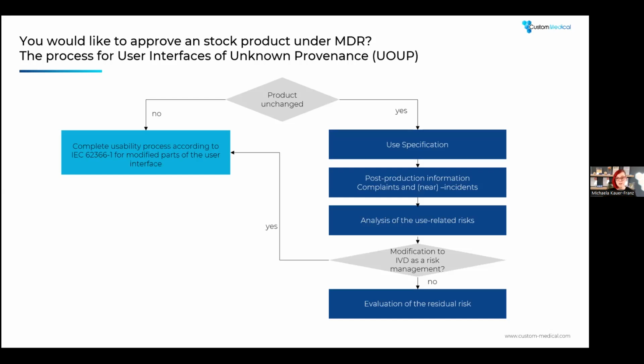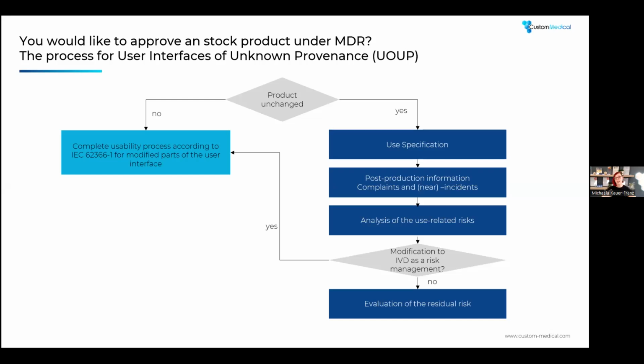This is a document which is needed to the same extent as in the full process anyway. So you need to prepare this one independent of the question if you have a product which is unchanged since 2015.